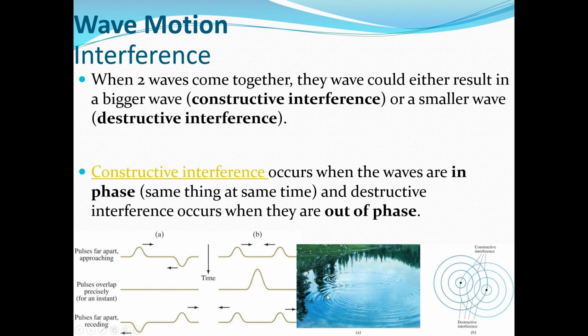What you'll find, these little top parts or these lines in this diagram are representing the crest of the waves. When they start to interact, you'll actually start to see areas where they're constructively interfering and areas where they destructively interfere.